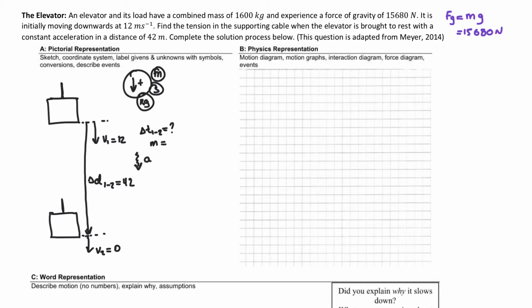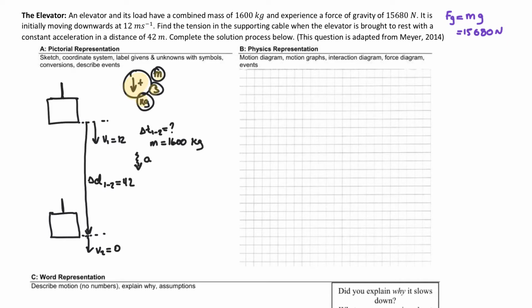This is 1,600 kilograms. Okay, I have all the information that I can have from the question. So basically, this is very similar to steps we've been taking previously, drawing a system diagram and putting all the information that we have from the question.